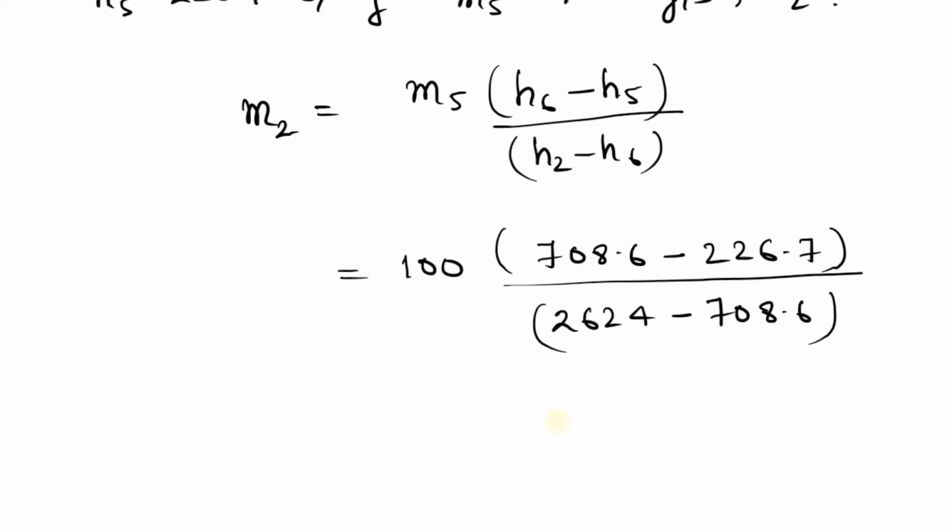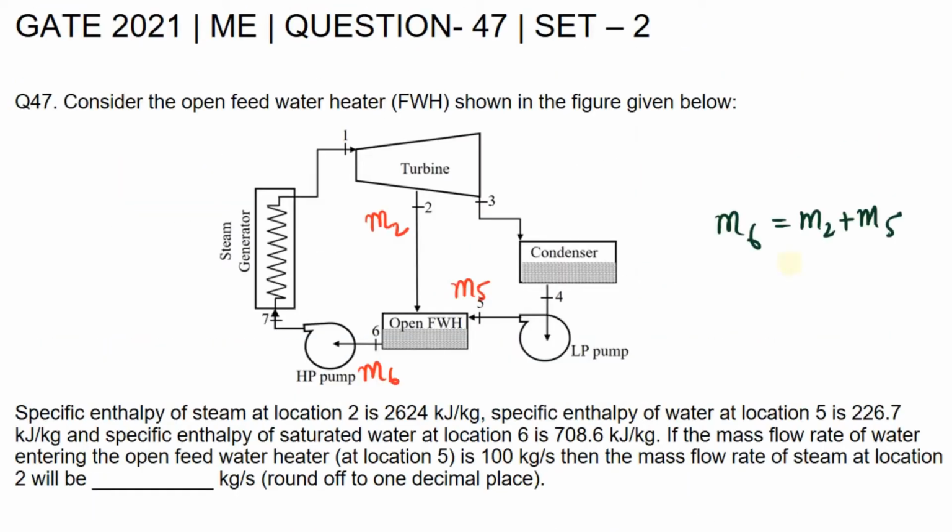So after doing the calculation, we'll get M2 is equal to 25.159 kg per second. Let's go back to the problem and fill in the blank. So the mass flow rate of steam at location 2 will be, we have to round it off to 1 decimal place, so we can write the answer as 25.2 kg per second.